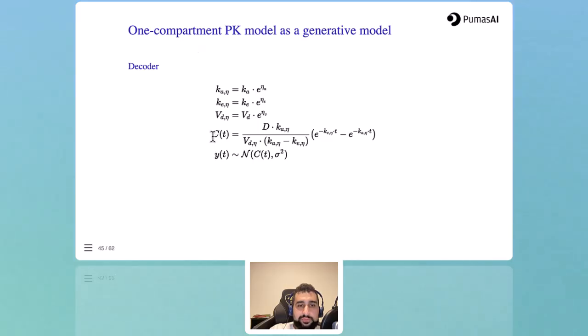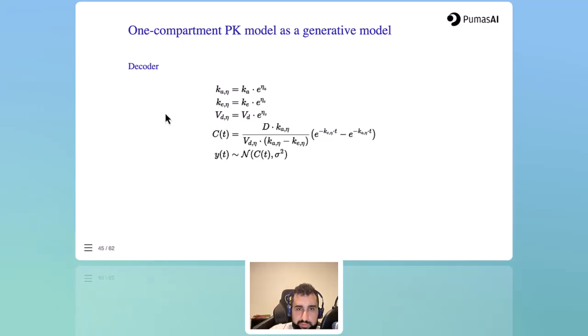And then once we have this function C of t, our decoder becomes a normal distribution with mean C of t and variance sigma square. And sigma square here is a population parameter. So there are a few population parameters that we defined here: sigma square, Ka, which is the typical value of absorption rate, Ke, the typical value of elimination rate, and Vd, the typical value of the volume of distribution.